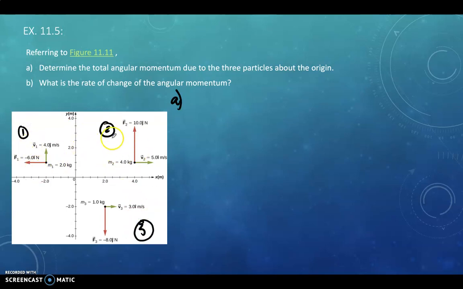They are already labeled that way. So L1 is going to be R1 cross P1.